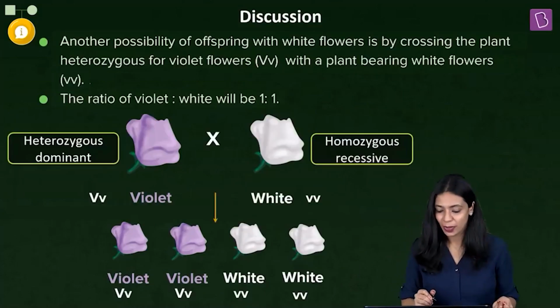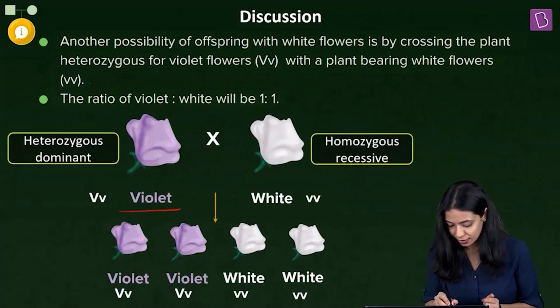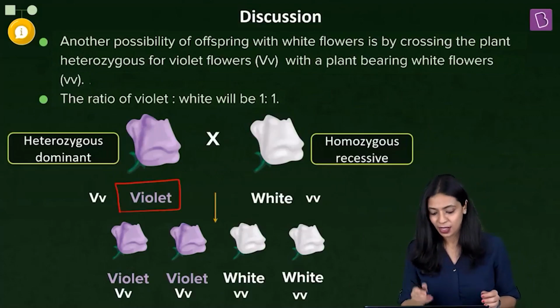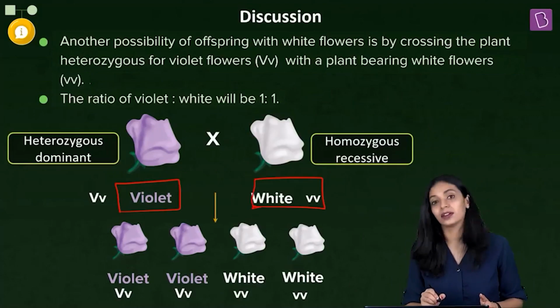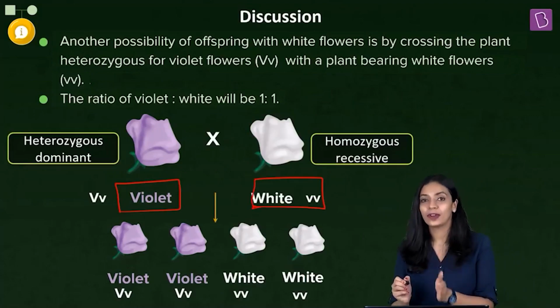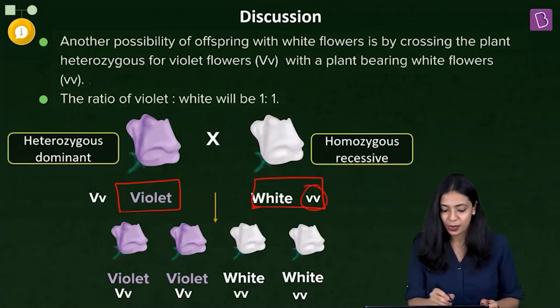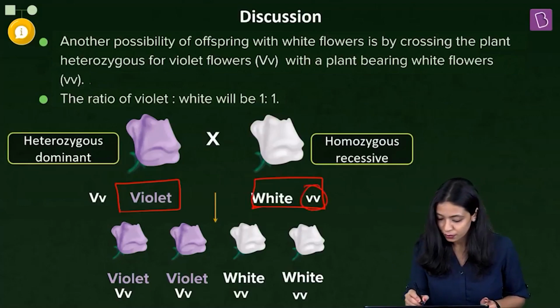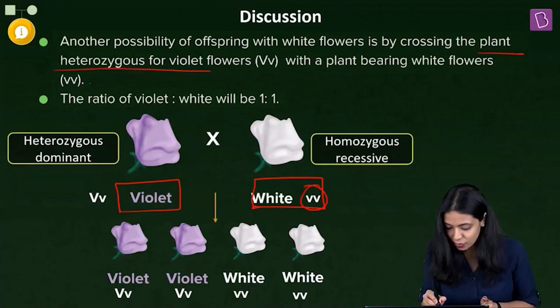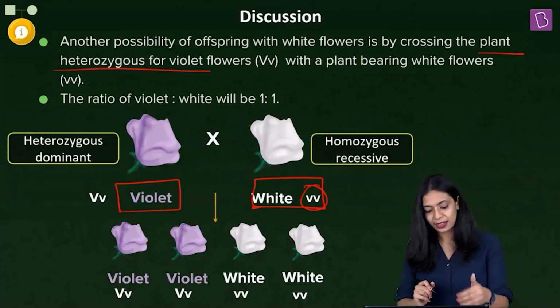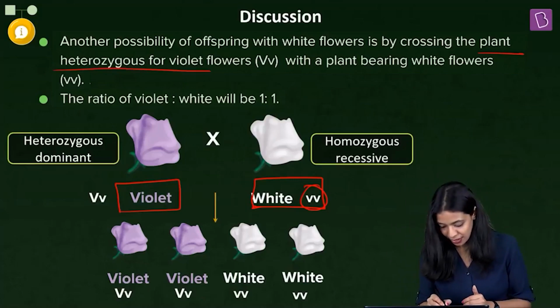Another possibility is when you cross the plant which is heterozygous dominant violet color flowers with a white colored plant. Remember, white color trait of flower is recessive in pea plants, so it is obviously going to be homozygous. So when you're crossing the plant heterozygous for violet colors with a plant bearing white flowers, then the ratio would be 1:1.